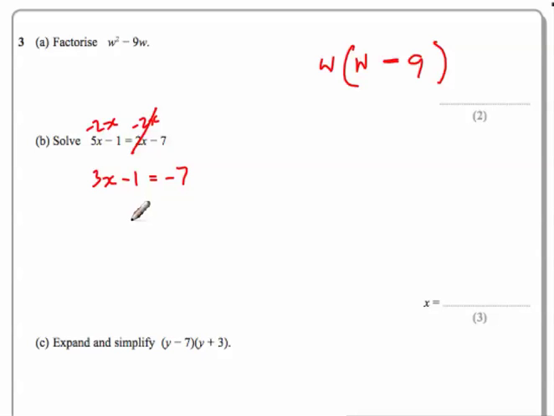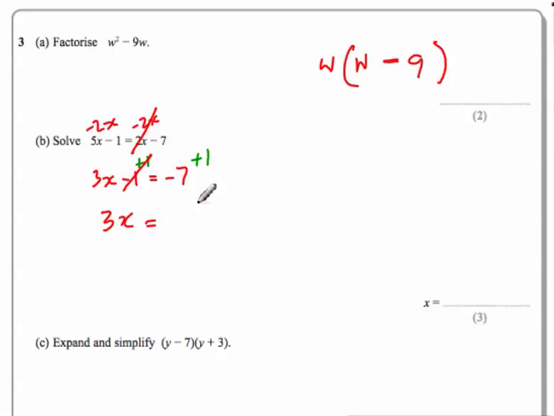Okay, well, what's next? Well, we need to move the 3 and the minus 1. Which one first? Always go for a number on its own first, because it simplifies things. So I'm going to add 1 onto this side, and I'm going to add 1 onto this side. If I do that, I end up with 3x on this side. Those disappear. Minus 7 plus 1, well, that's just number line, isn't it?